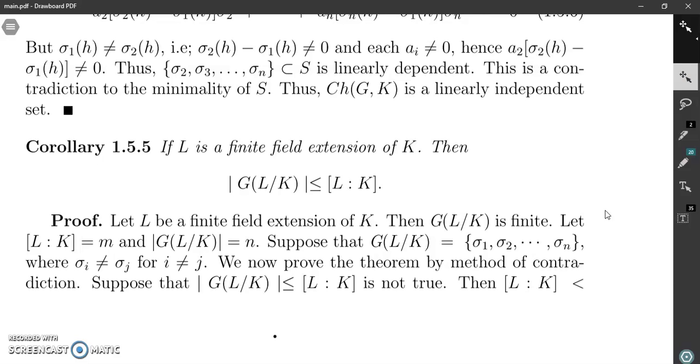Then it is called a linearly dependent subset if there exist some scalars a1, a2, ..., an, not all 0, such that the linear combination a1 v1 plus a2 v2 plus ... plus an vn is equal to 0. If a subset S is not linearly dependent, then we call it linearly independent.